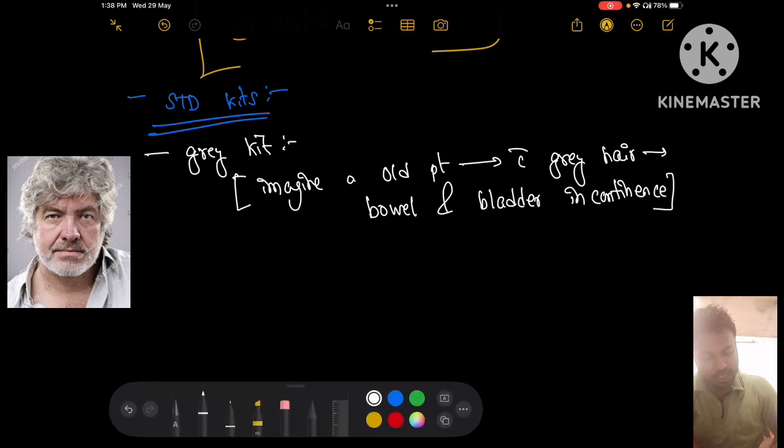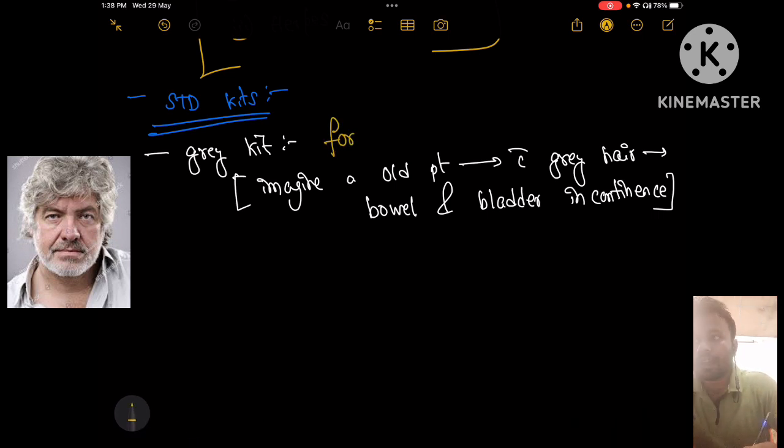So the grey kit is used for urethral and anorectal discharge.